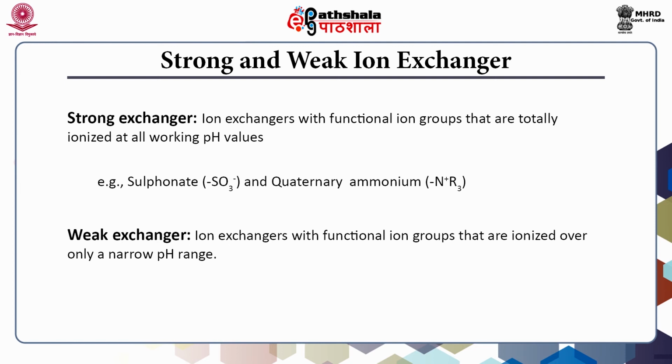Weak exchangers are those ion exchangers on which the functional ionic groups are ionized over only a narrow pH range. The examples for this are carboxylate ions and diethyl ammonium ions, which can maintain their ionic state in only a narrow pH range.